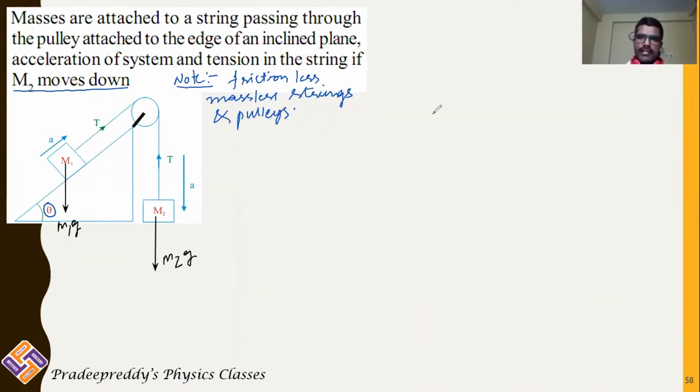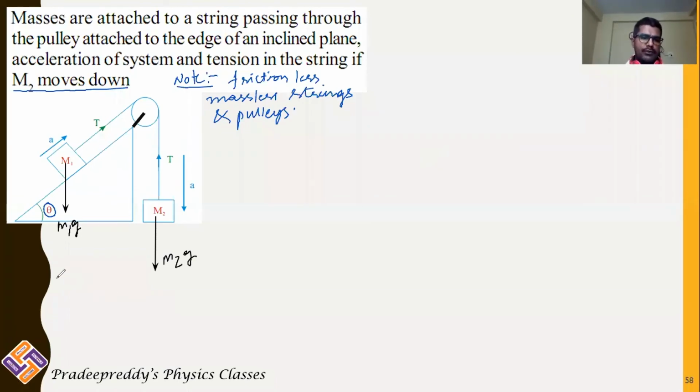Now, use the stepwise procedure which I have explained in free body diagrams. How many masses are there? Two masses are there, so you will be drawing two free body diagrams, for M1 and M2. After that you just use F net is equal to MA, because these two masses are in motion. Therefore, we will be using F net is equal to MA in this concept.